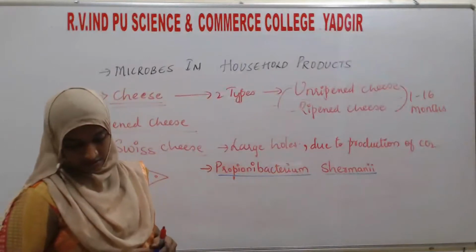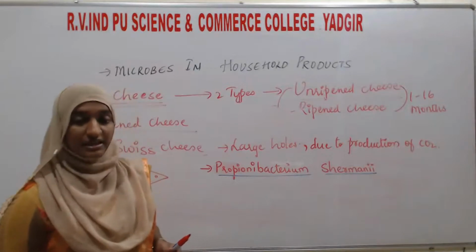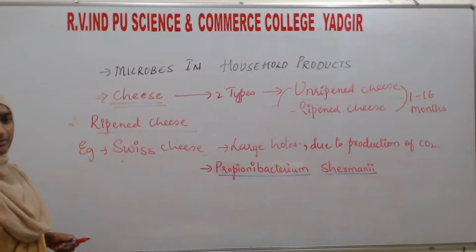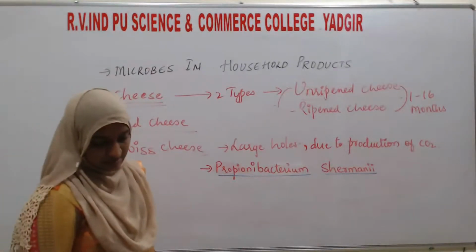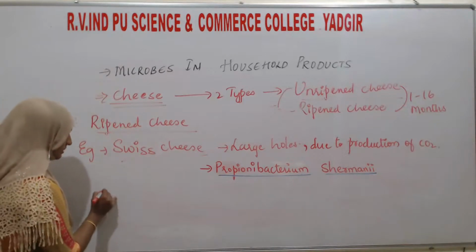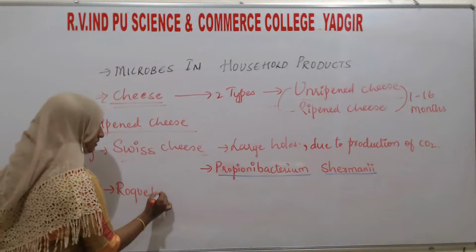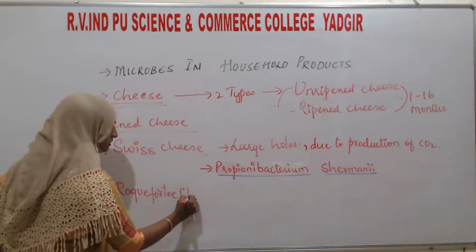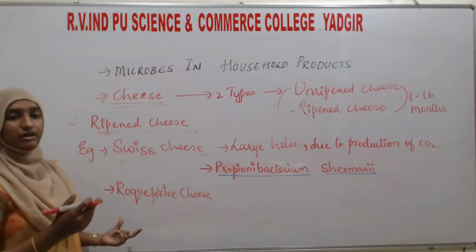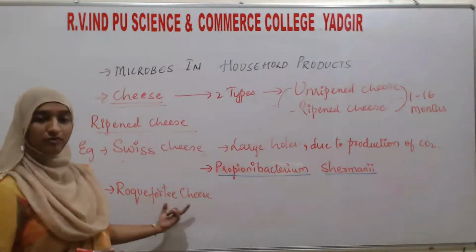Then some other fungi are also used, and there are some other examples of ripened cheese. One more example is Roquefort cheese.